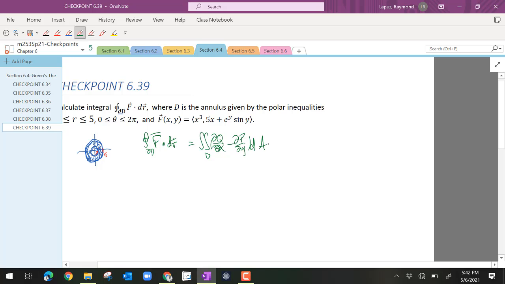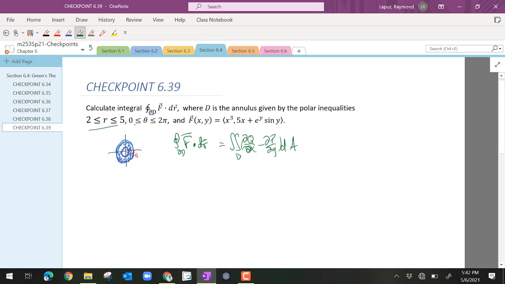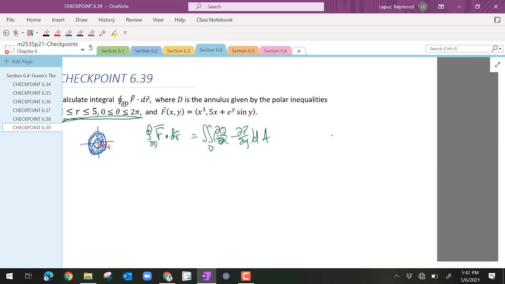All right, I think we're pretty much set that we will be using polar coordinates with the given inequalities, so we just need to find those partial derivatives.